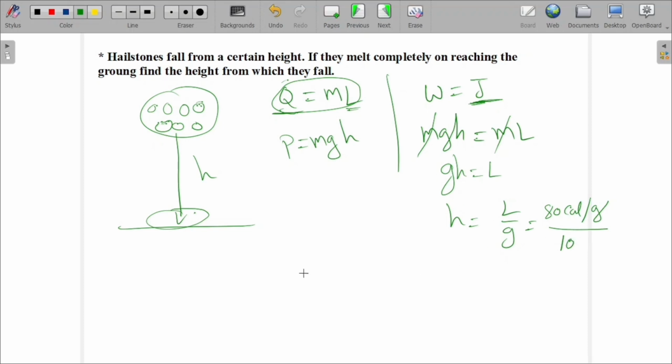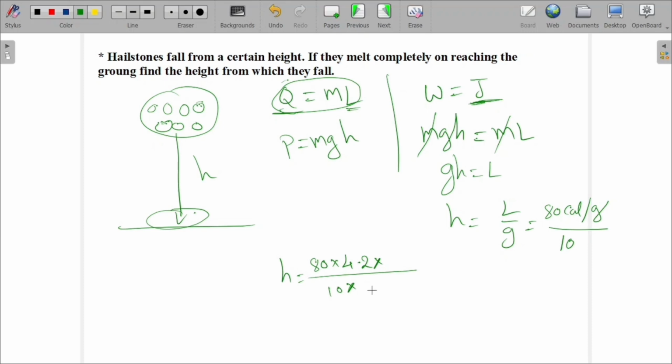Then h equal to 80 into, this 10 is in meter per second square, so we have to convert it. 80 into 1 calorie means how many joules? 4.2 joules, into calorie per gram.